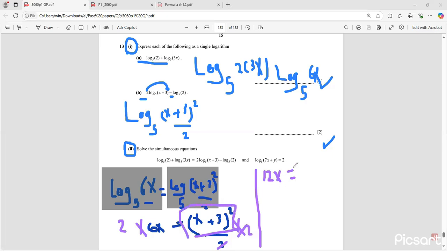So x squared plus 9, first times second times 2, which is 6x.